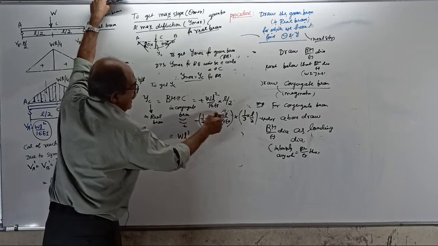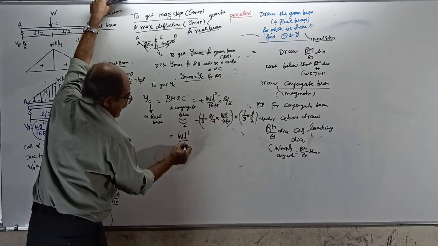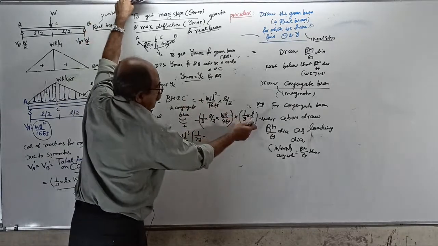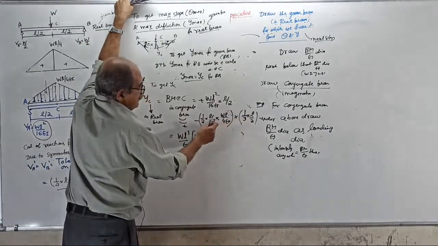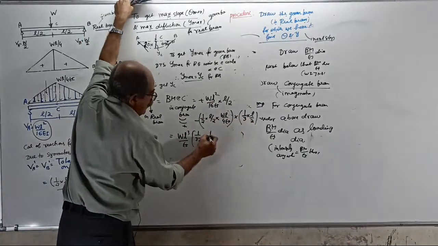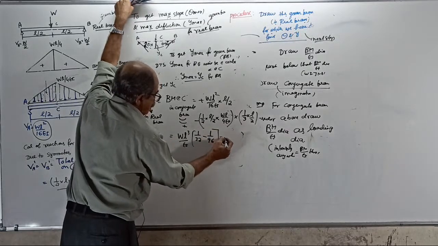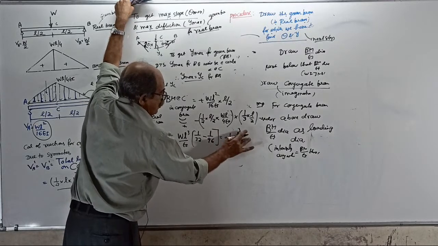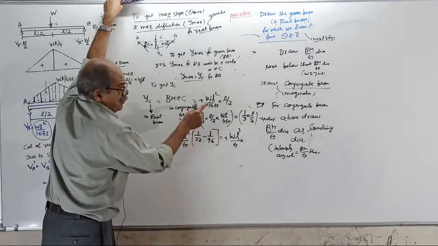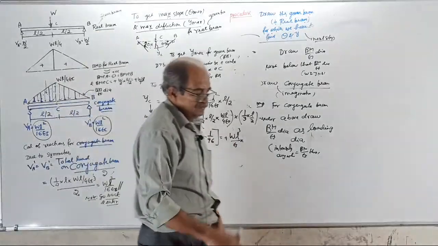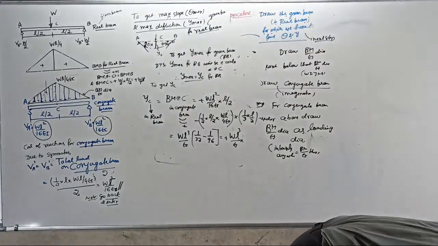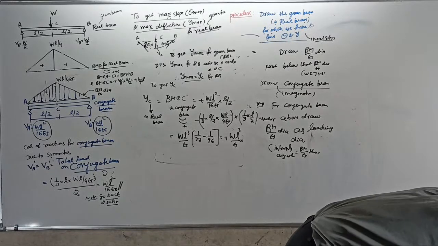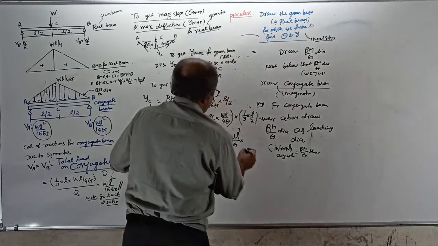Here also, L into L cube by EI times 1 by 32 minus 1 by 96, equal to plus WL cube by EI into, tell the number, 1 by 32 minus 1 by 96. You know the answer. 1 by 48.